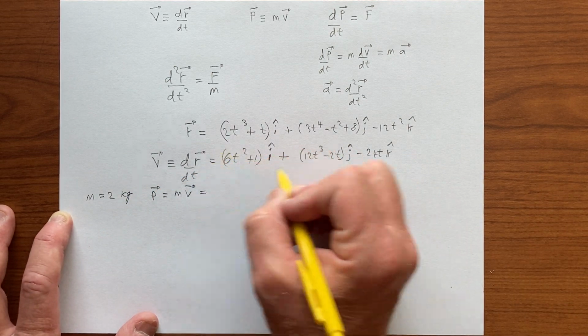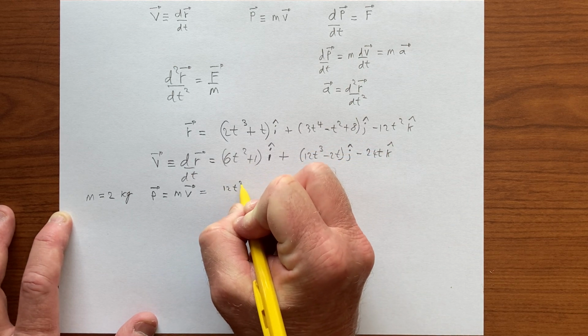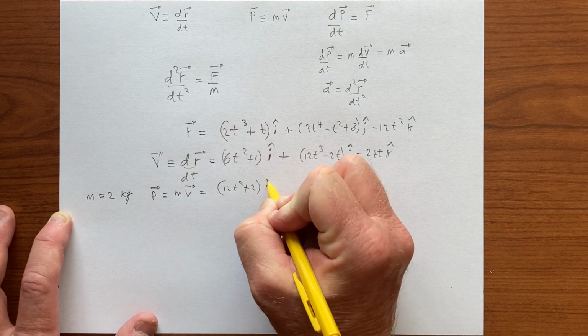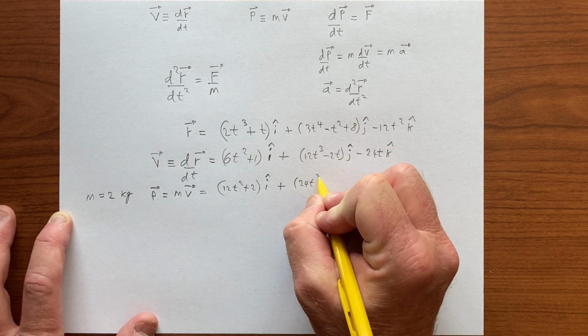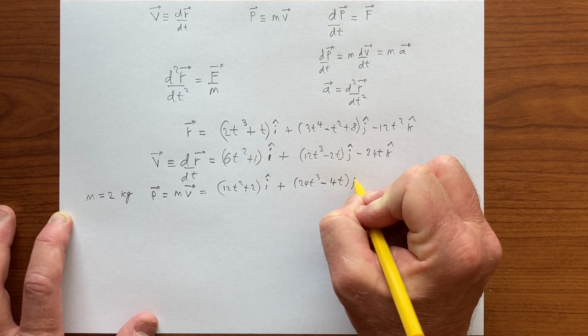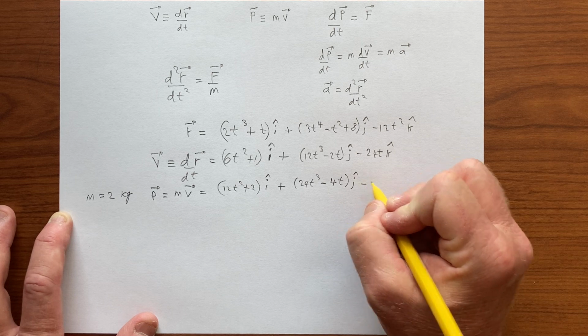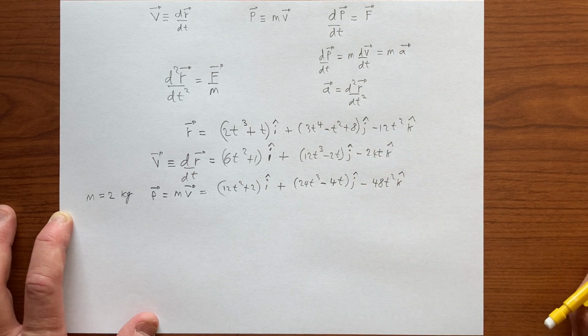So I would have to multiply this by 2, and so I would get (12t squared plus 2) i hat plus (24t cubed minus 4t) j hat minus 48t k hat.